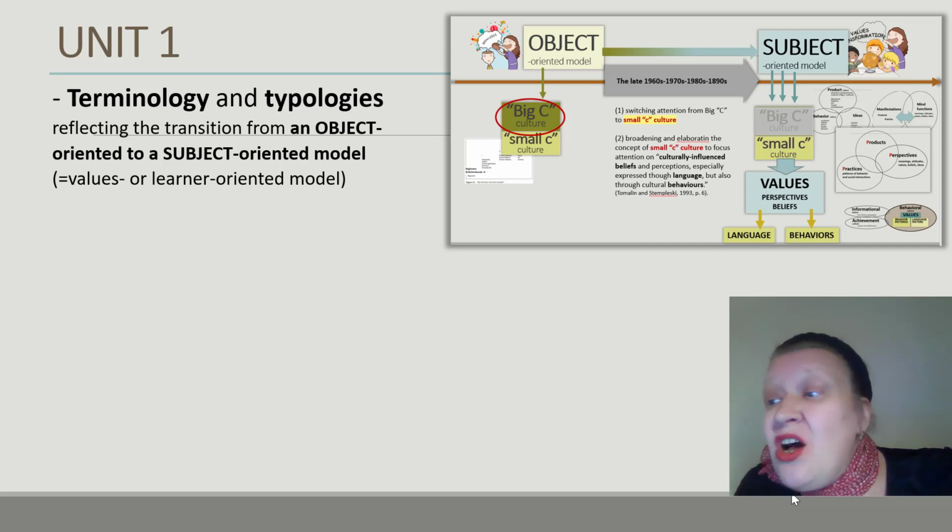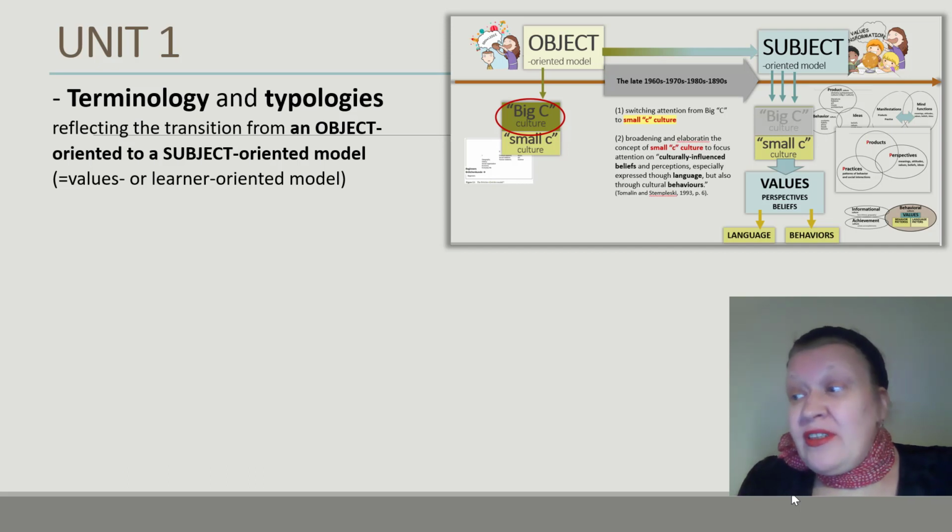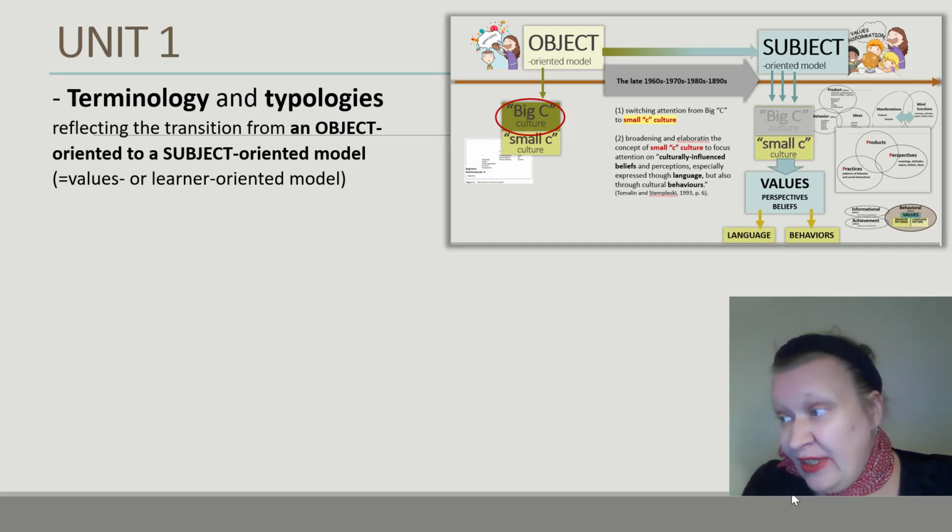Because when we start presenting the culture of other people as a set of values manifested in practices and products, and we want our learners to understand and even accept these values, to be able to enjoy different cultural practices, we must inherently consider our learners' cultural values and beliefs.